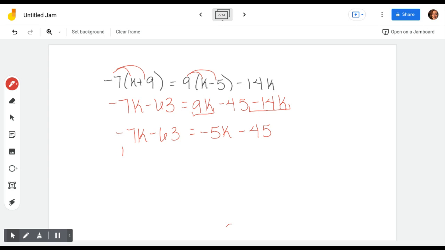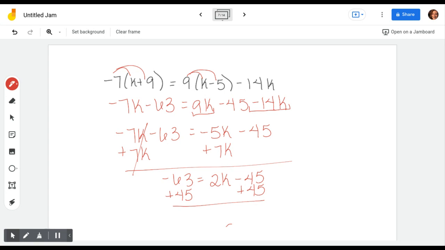So I'm going to add the 7 because I know that'll leave me with a positive 2 on the other side. So it cancels on the left and I have negative 63. On the right, negative 5 and positive 7 is positive 2k minus 45. To get rid of the minus 45, I'm going to add 45.